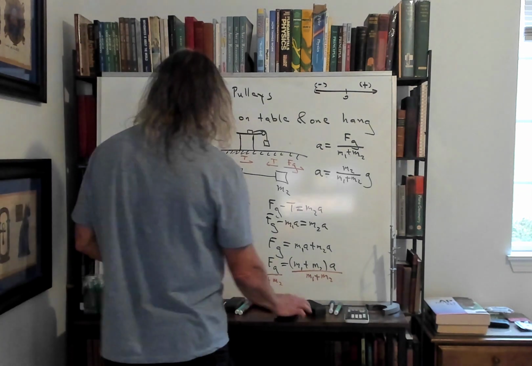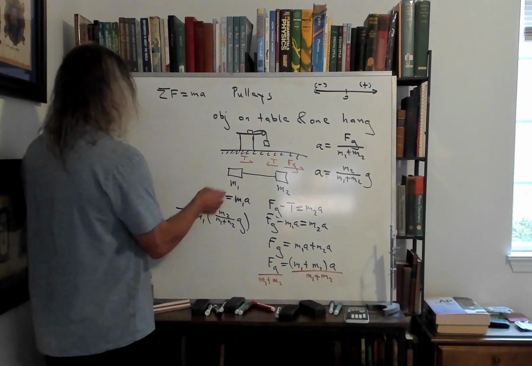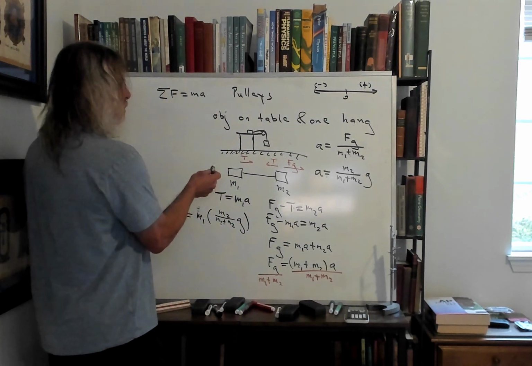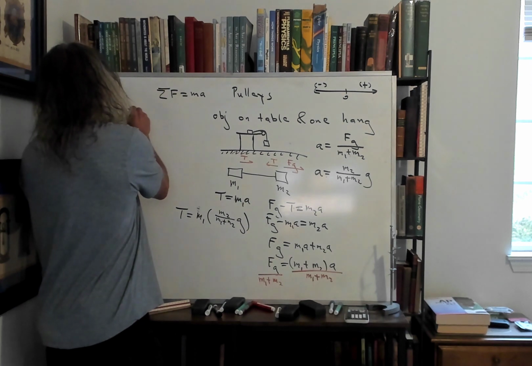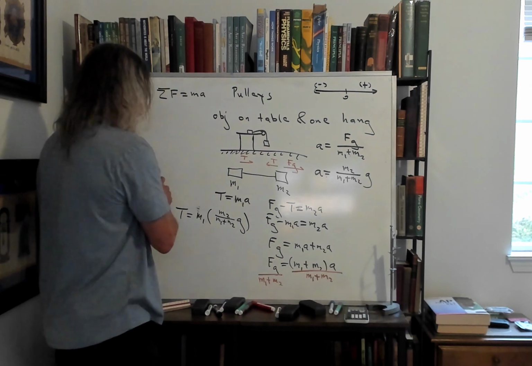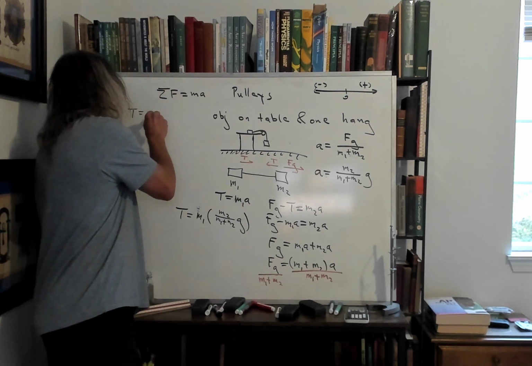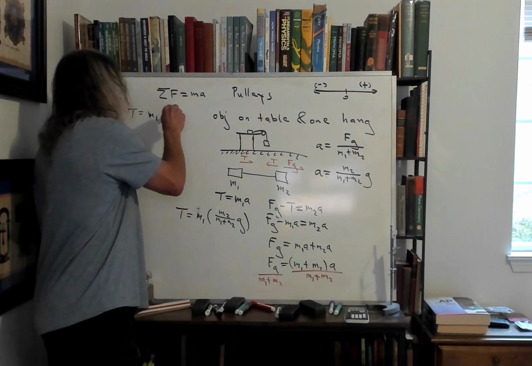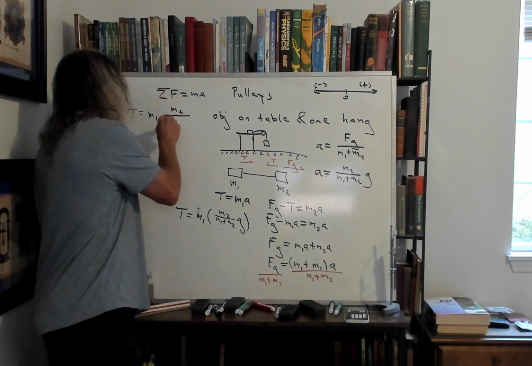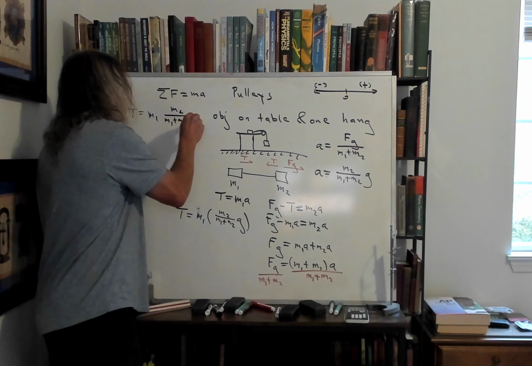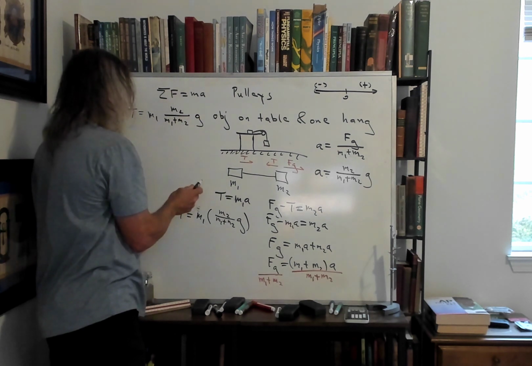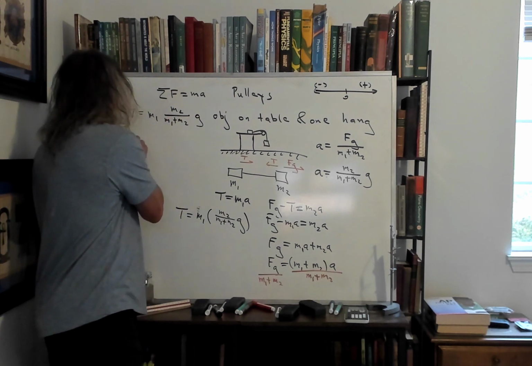Okay, and then I'll erase this and move this one over there. So I'll put this up here. T, then we'll do a problem. T is M1 M2 over M1 plus M2, G, or M1 times M2.